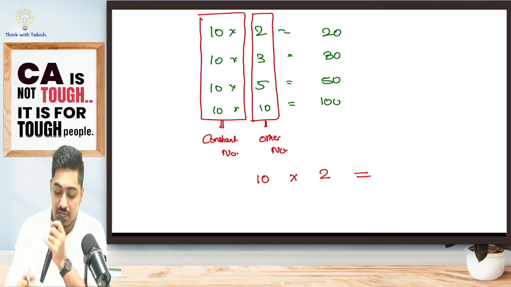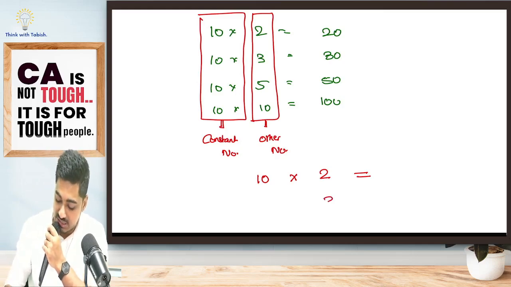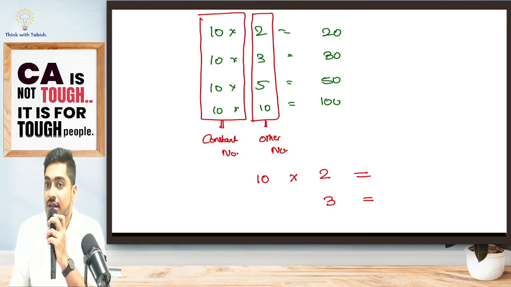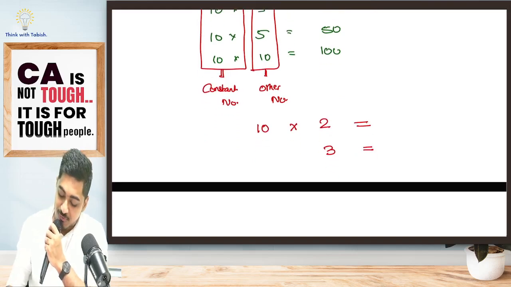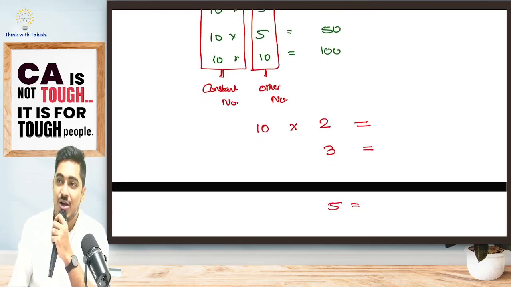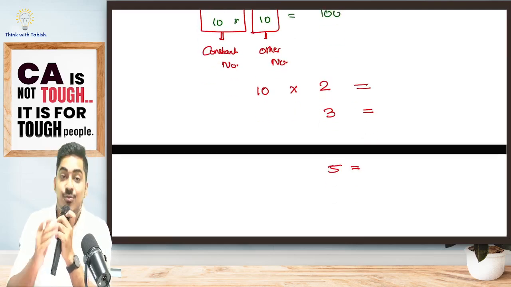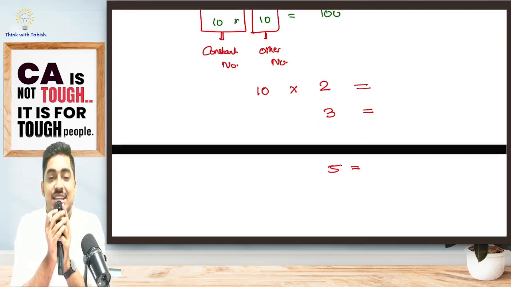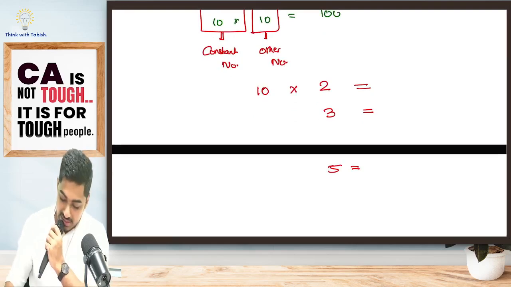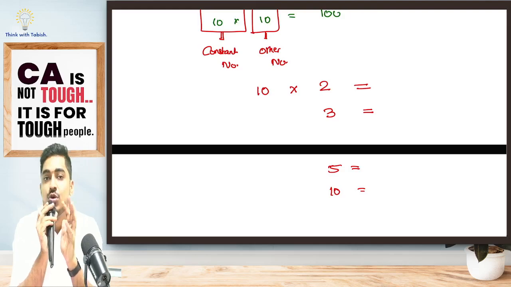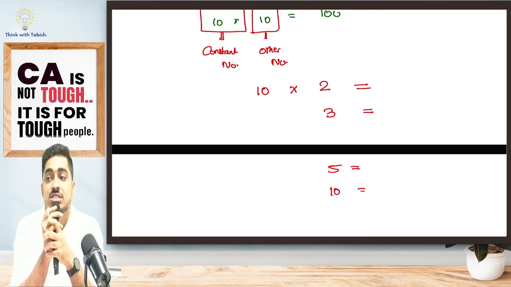Do not press anything. Directly press 3 equals. 30. Yes or no, everyone? 5 equals. Wow, oh my God. How much are you getting? 15. 10 equals 100.